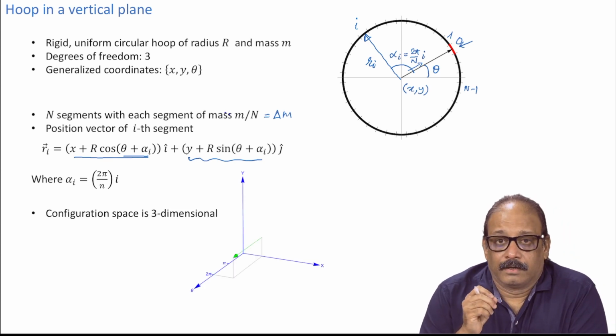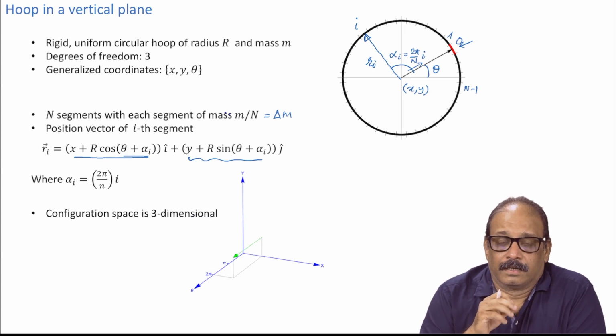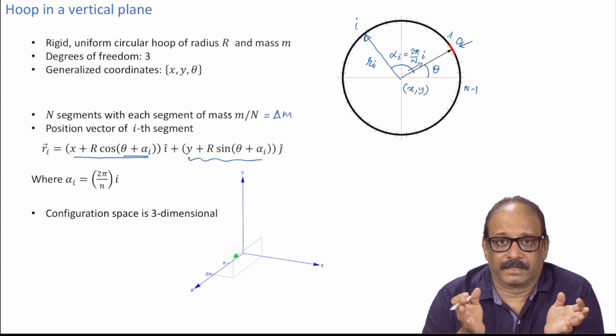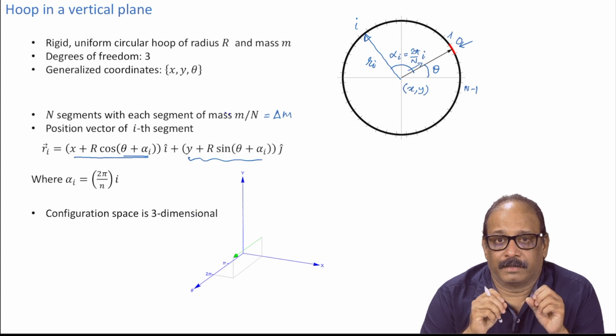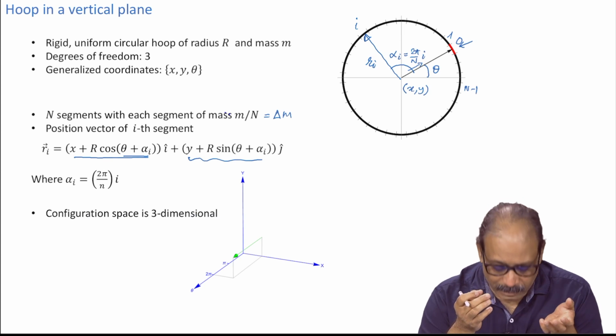Now, what would be the configuration space of this system? You remember there probably are a large number of particles and there is a big configuration space, but what is the accessible configuration space? Remember, the number of degrees of freedom is 3, so it is 3 dimensional, and I have 3 generalized coordinates.